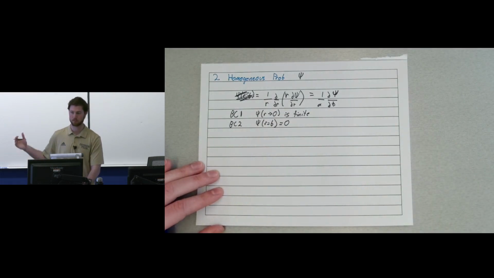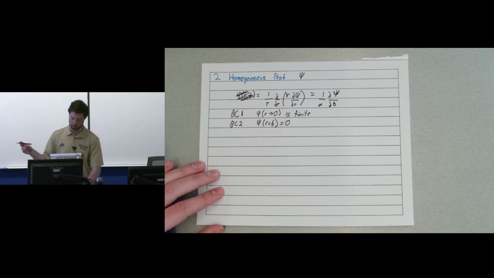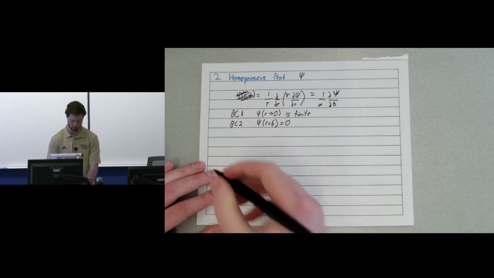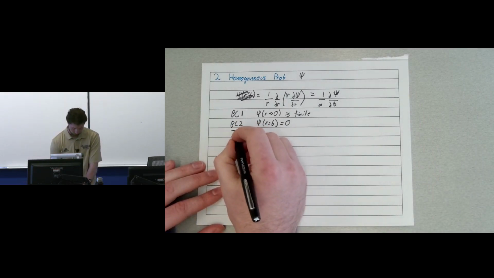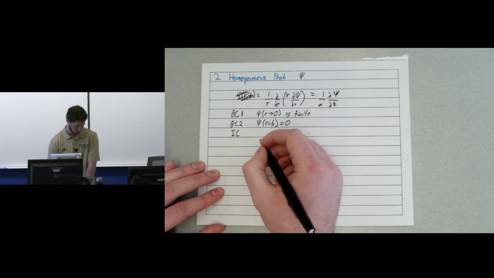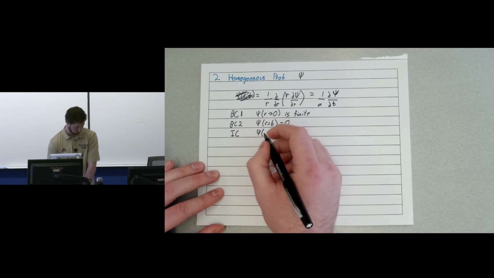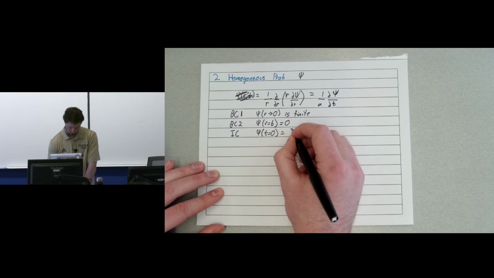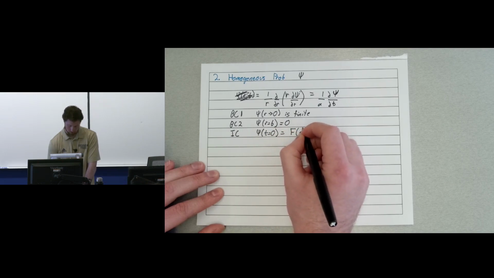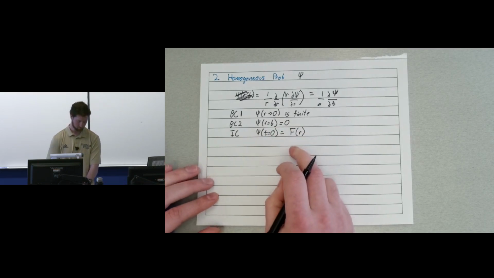Our homogeneous condition for that corresponding constant temperature is just going to be a temperature of 0. And then our initial condition is going to remain the same as well, because Green's function is going to be independent of that initial condition. So we'll still have this f of r.